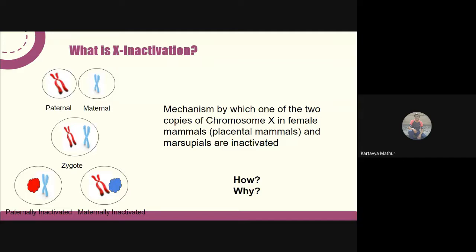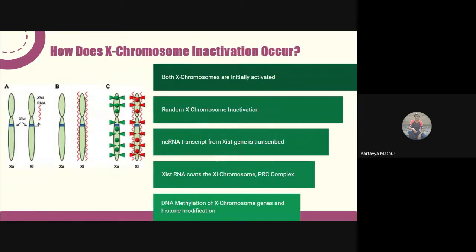But how does this happen? The process is quite complicated, but I will try to simplify it. In the diagram, if you see, there is a blue region marked in figure A, that is XIST. It's found in the region called XIC, which is the X chromosome inactivation center.